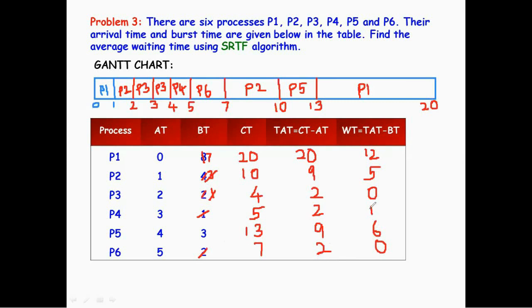When we compute the total, we get the value as 24. Now we need to find average waiting time. Average waiting time is equal to sum of waiting times of all the processes divided by total number of processes.